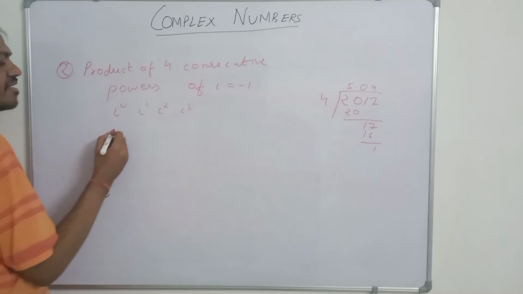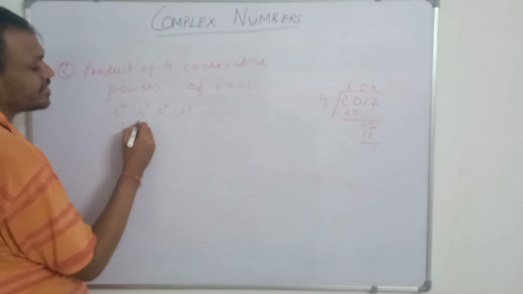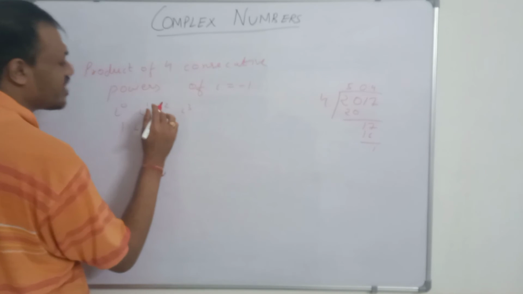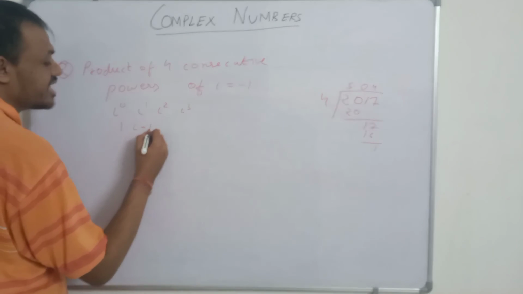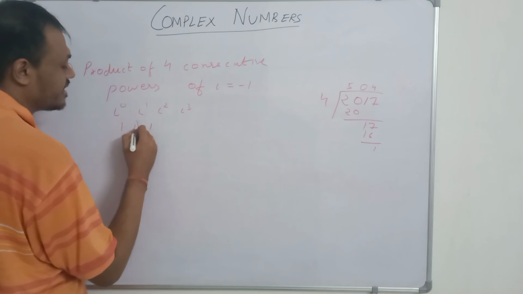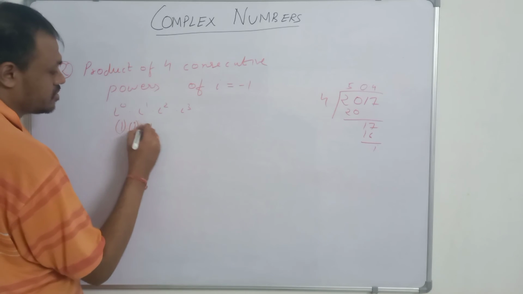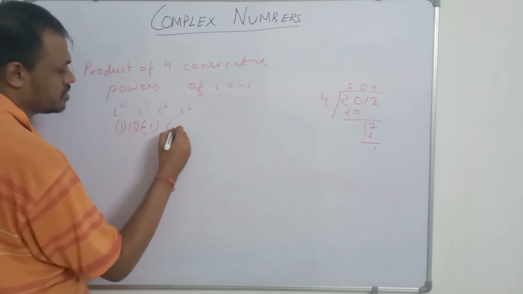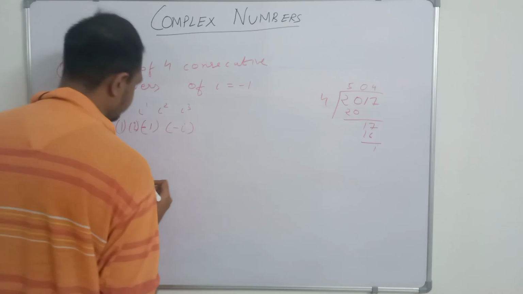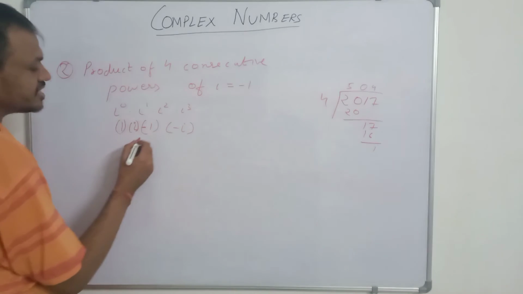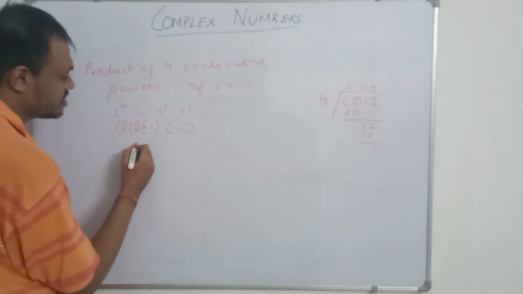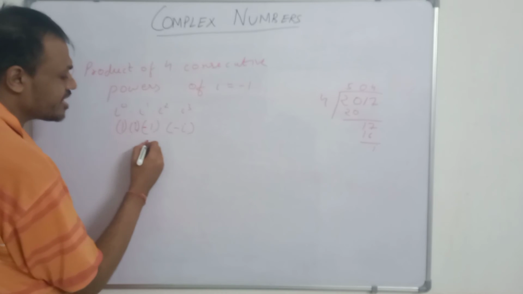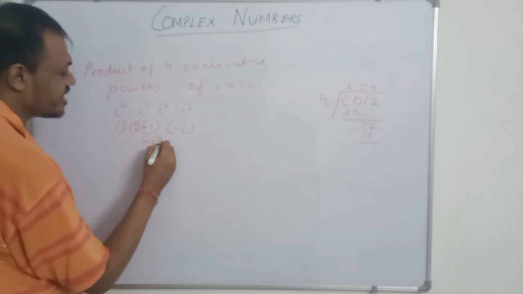So iota to the power 0 is 1, then iota to the power 1 is iota, square is -1, then iota cube is minus iota. So this will be equal to minus iota, again it will be equal to minus of iota square.